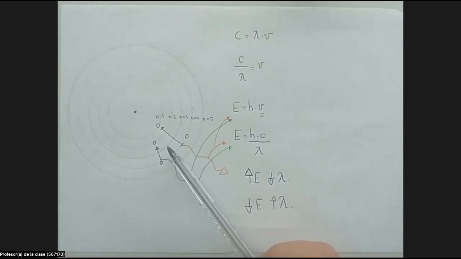The energy difference between the two levels is the same. So it absorbs or emits the same amount of energy when the electron goes up or down, and the wavelengths are also the same. So the last question is true. And that's it.